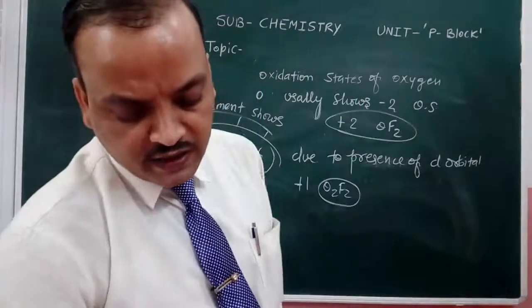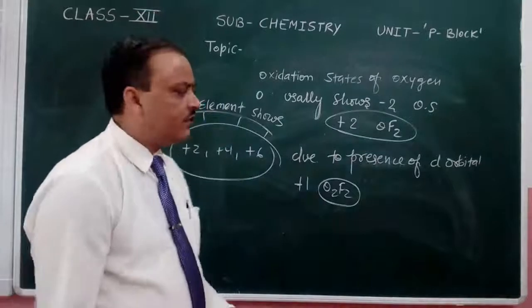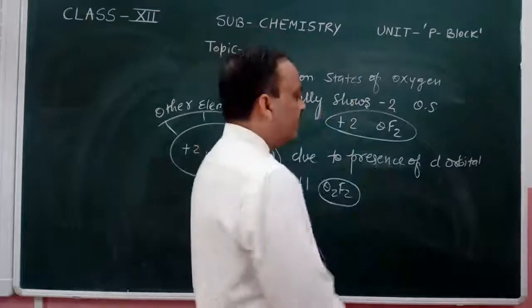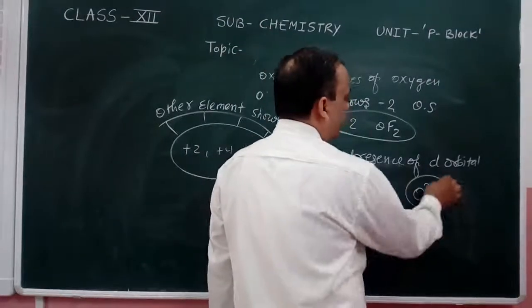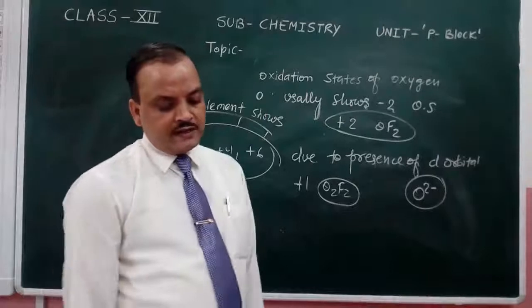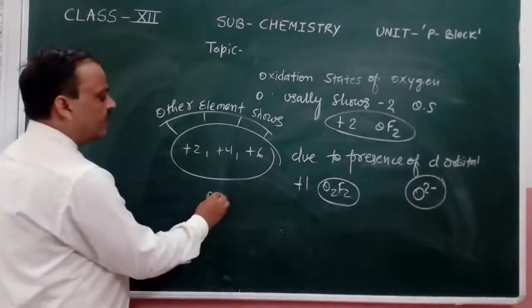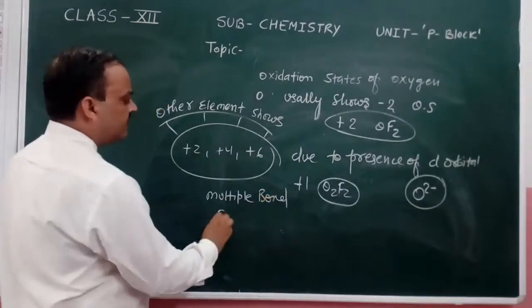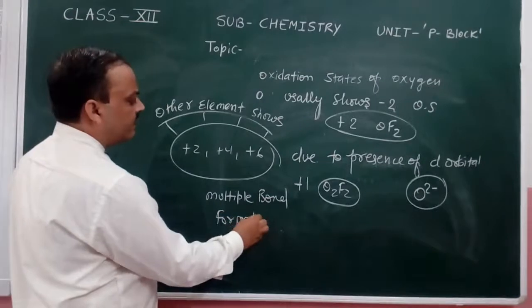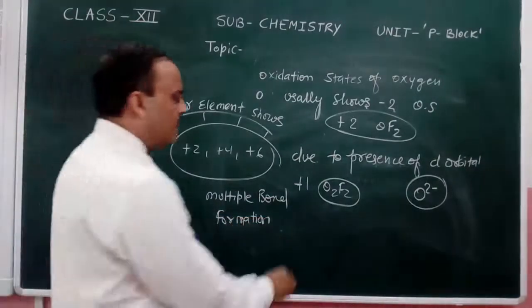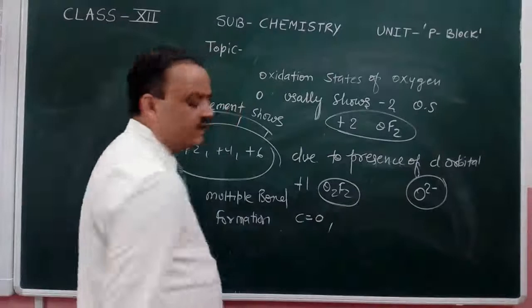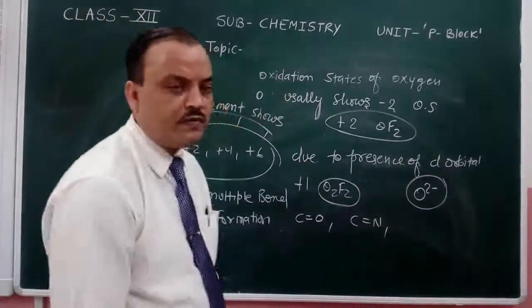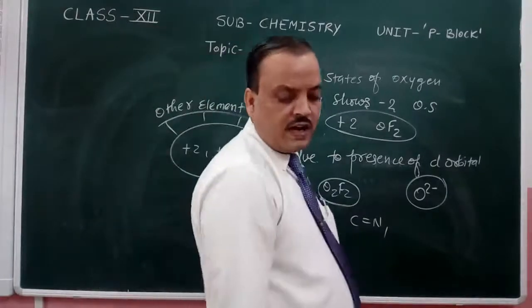Now another thing: the nature of the compounds. Generally oxygen forms a negative ion, known as O2-. Multiple bond formation: oxygen has the tendency of multiple bond formation. It forms multiple bonds with carbon, with nitrogen, and with other elements.